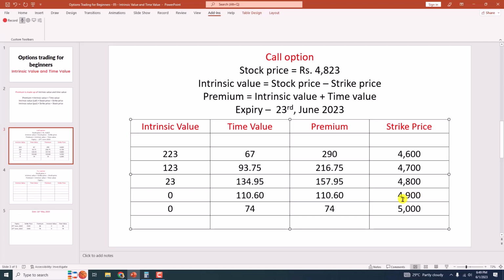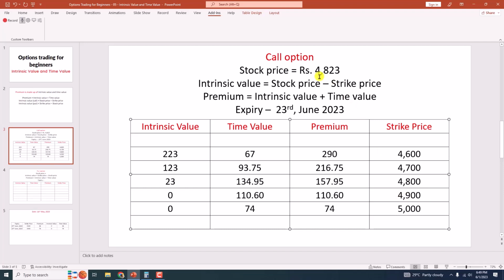Let us say that on June 1st at 9:15 I buy this option, and as soon as I buy it, it expires. Now tell me, will I go to the seller and say, hello seller, I have an option to buy the stock at 4,900 rupees, so sell me that stock for 4,900 rupees? Will I do that? No, correct?